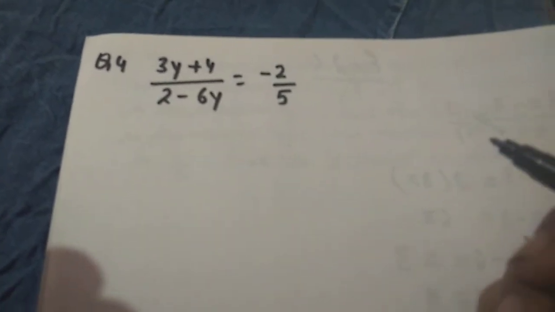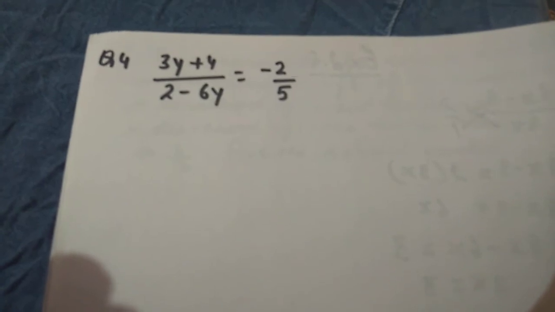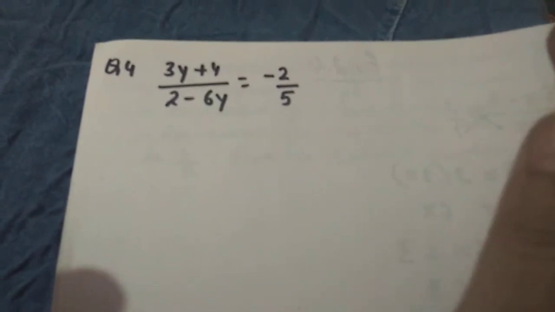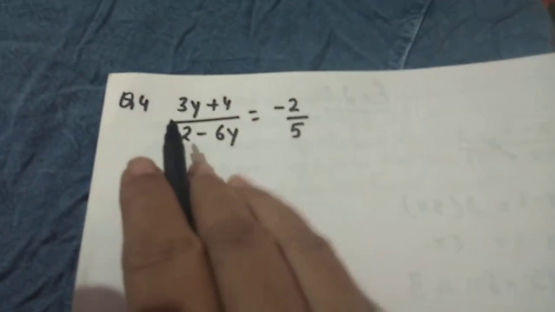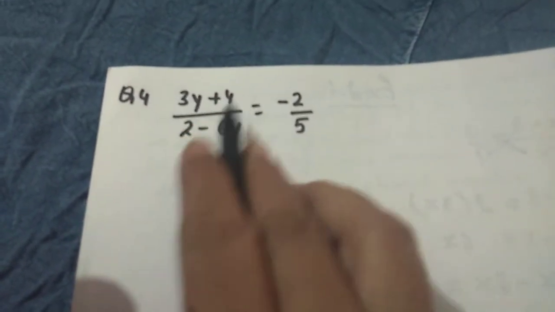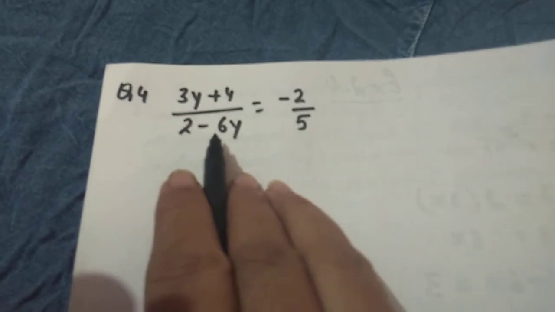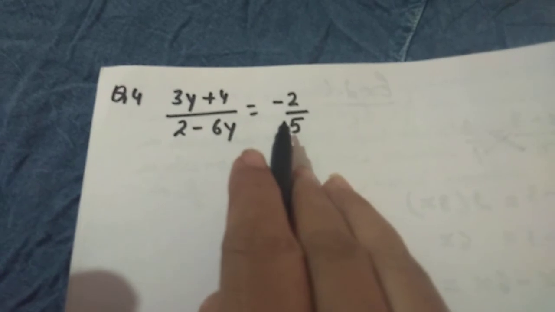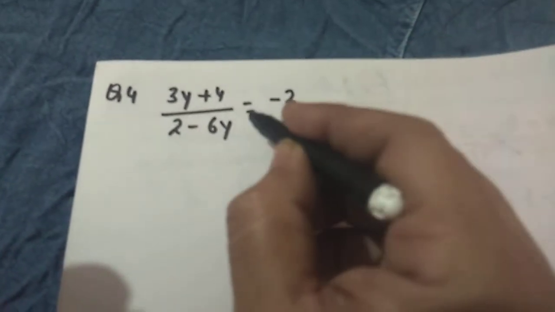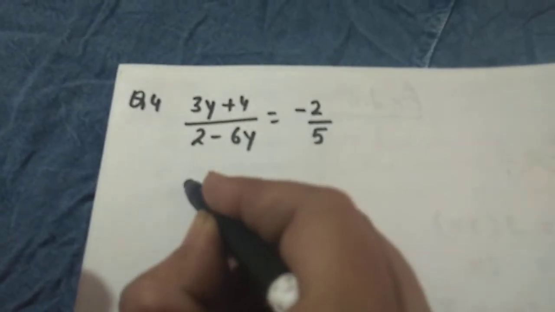Second and third parts are just similar to the first one. Now question number 4, that you have to do yourself, you have to try. Question number 4, (3y plus 4) upon (2 minus 6y) is equal to minus 2 upon 5. Now we have to solve this. In the same way, cross multiplication we have to do.